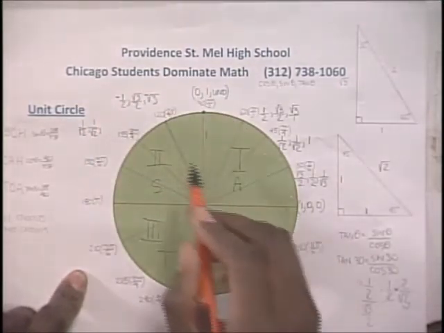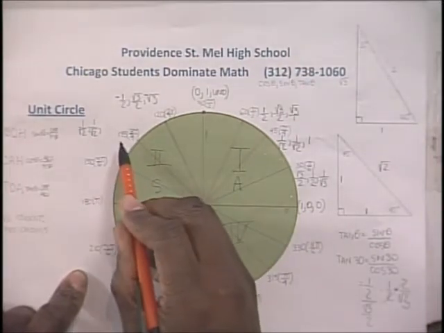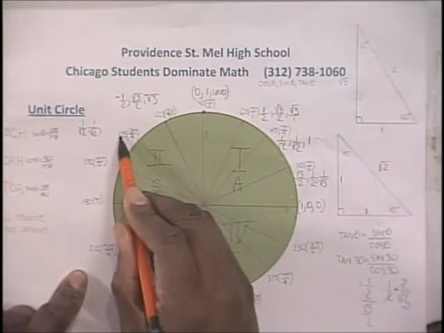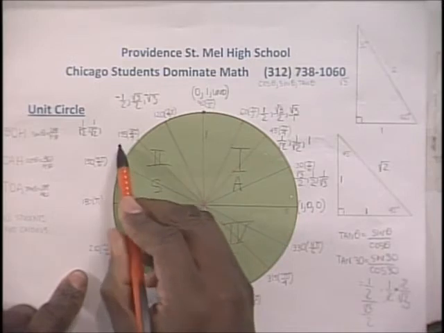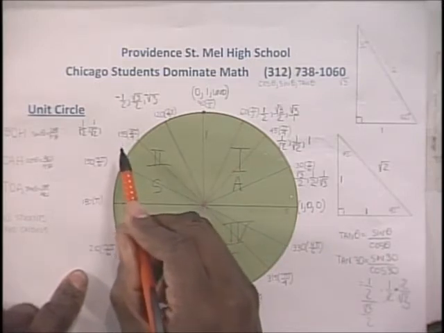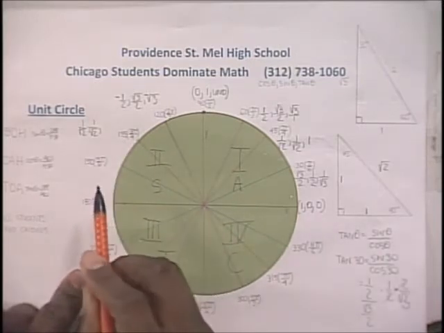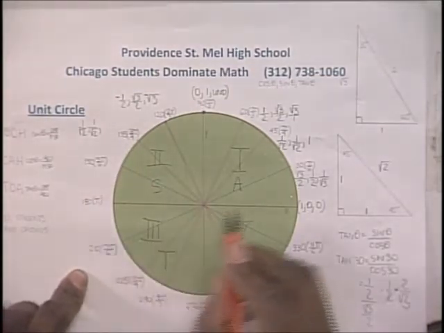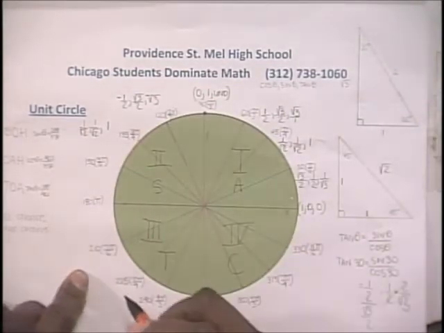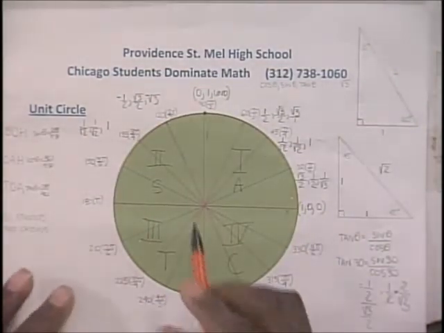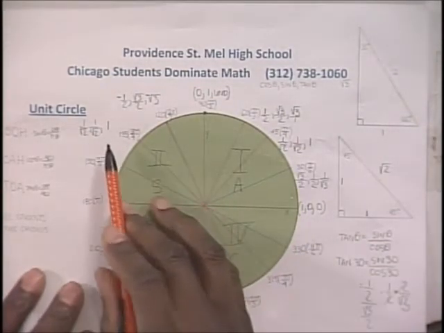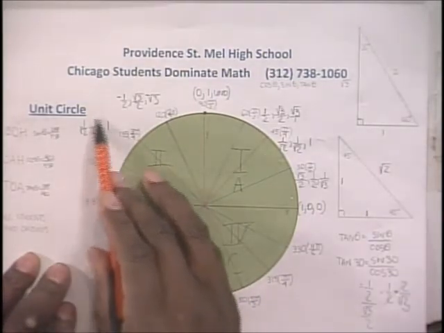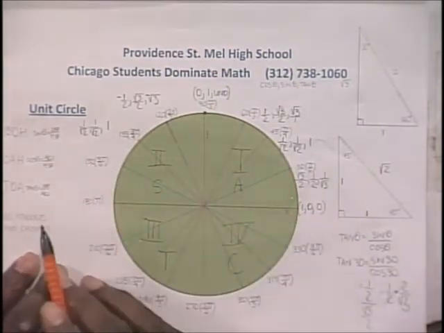To determine the tangent of 135, figure out the tangent of the reference angle. What is the tangent of 45? We've already determined that it was 1. Basically, I'm using the same terms that I found in the first quadrant for the second quadrant.